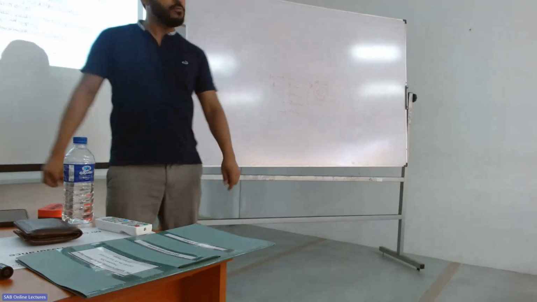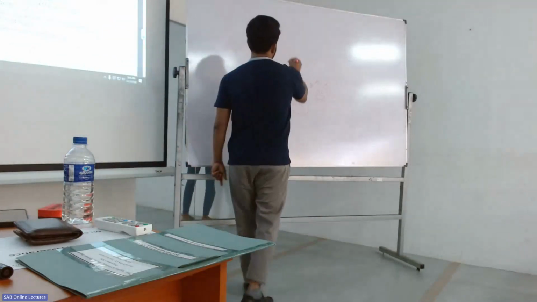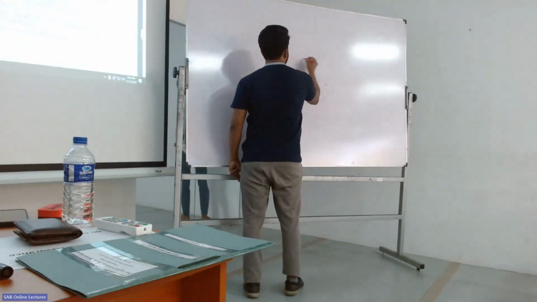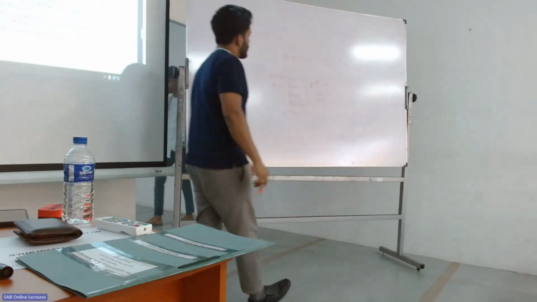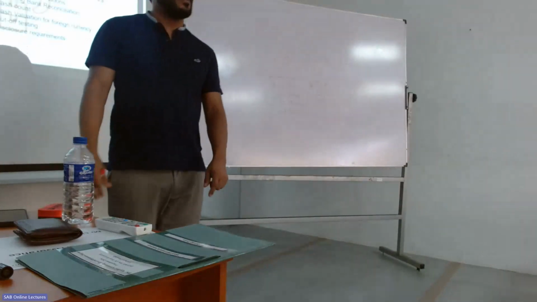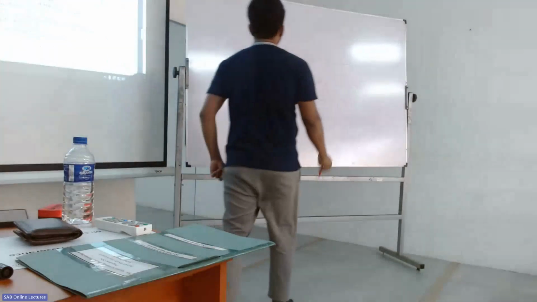Now we are moving from the asset side to the liability side. Right? On the asset side we had overstatement risk.